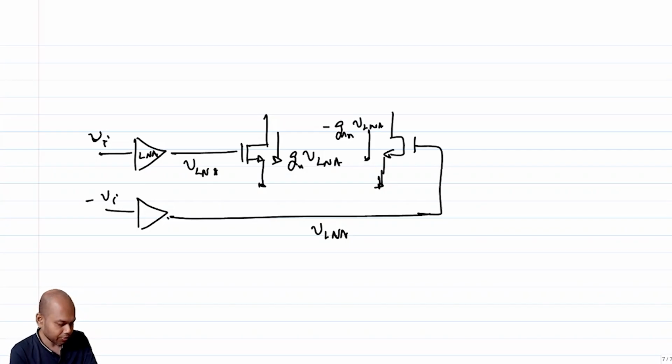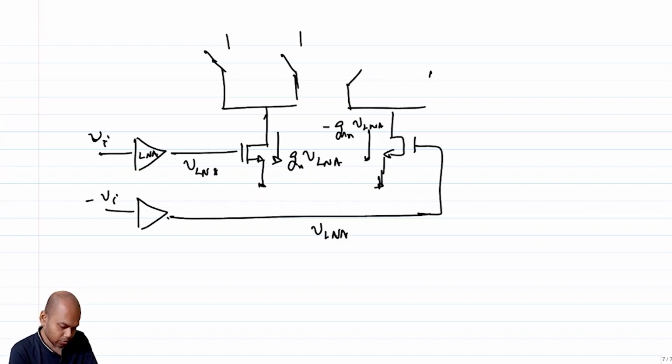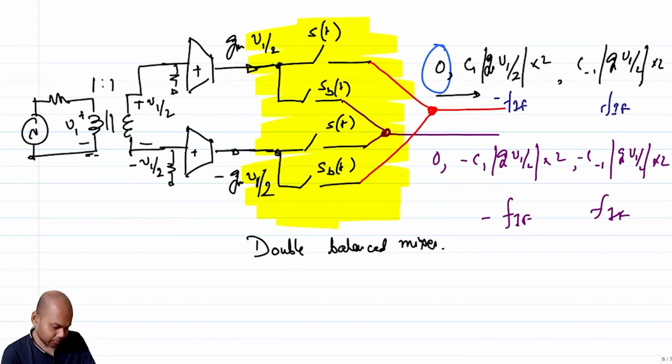And then you do whatever we have done just now, right? So you pass this guy through two sets of switches, this guy also through two sets of switches. Let's call this one S of t, SB of t. This is S of t, SB of t, and let's see which one we connected.